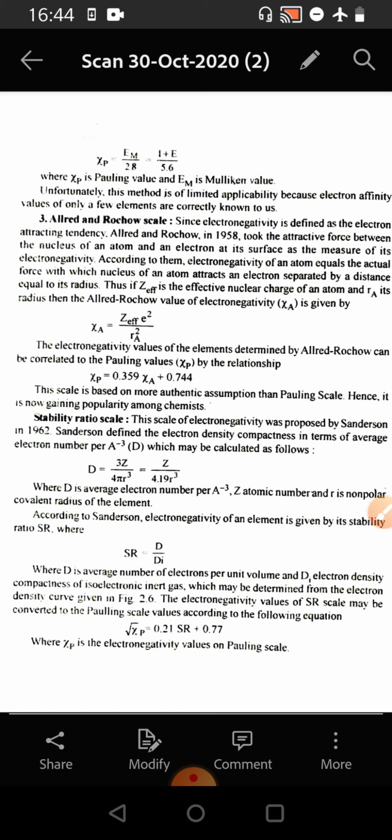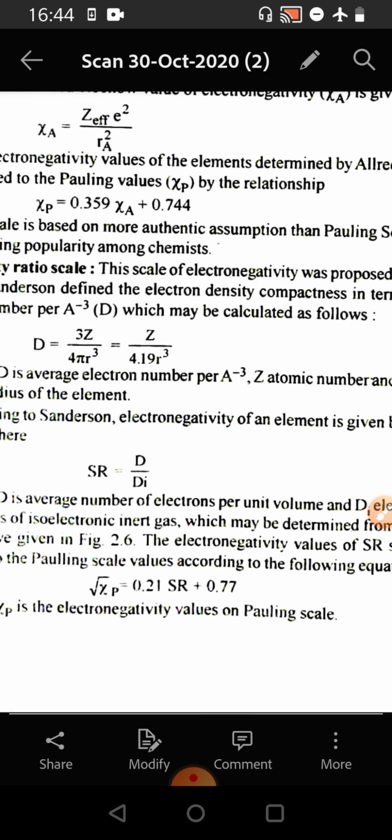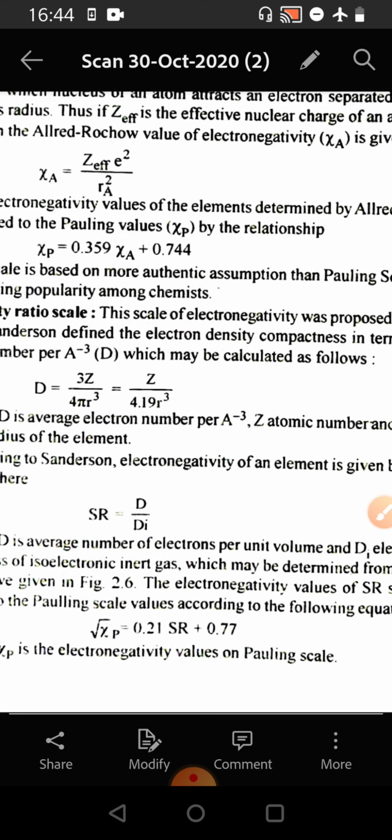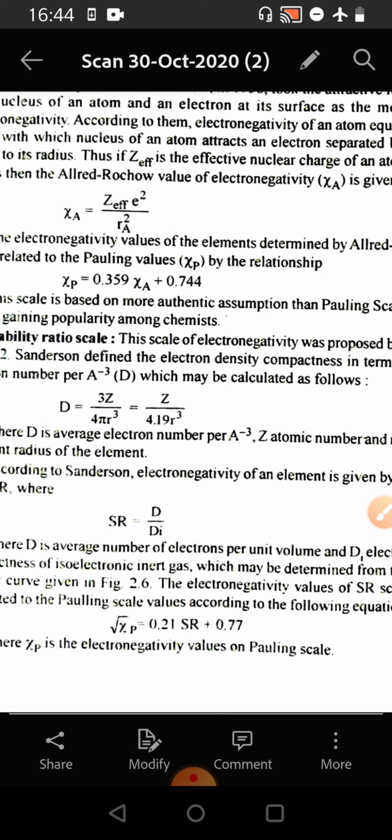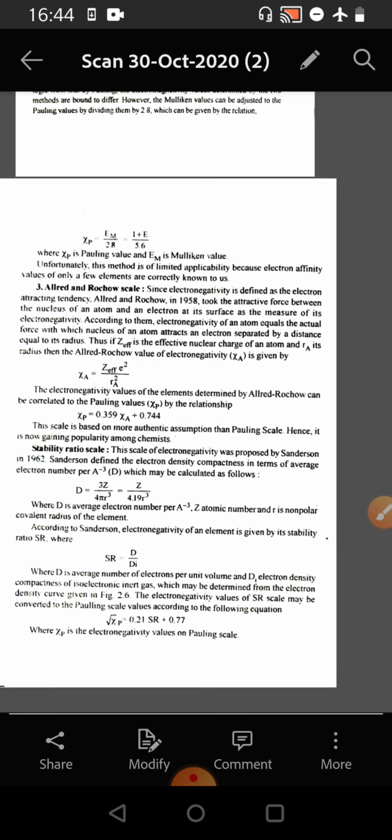The electronegativity value on the SR scale may be converted to Pauling scale values according to the following equation. Under root Xp is equal to 0.21 SR plus 0.77, where Xp is the electronegativity value on the Pauling scale. That's all for today. Thank you.